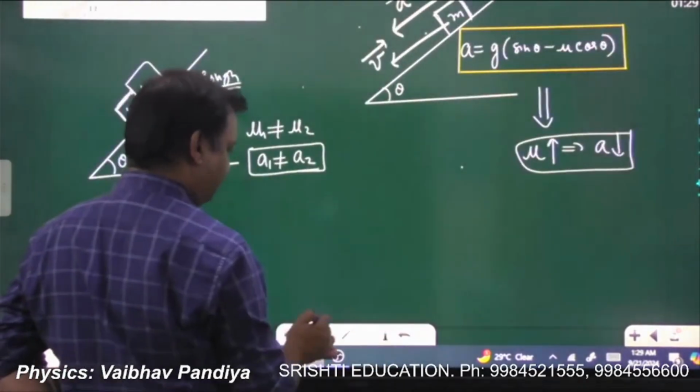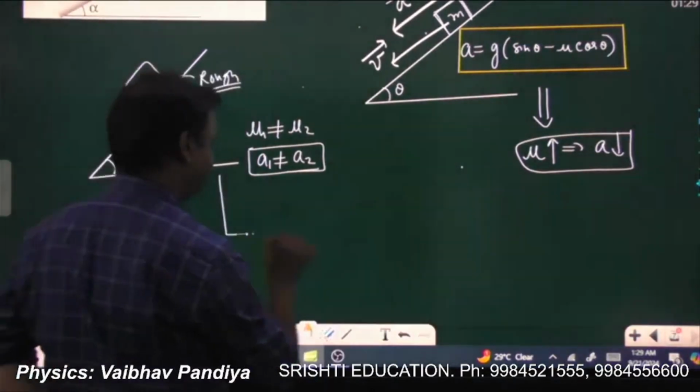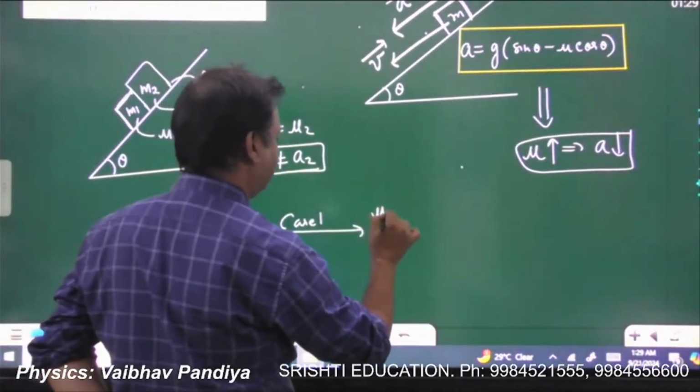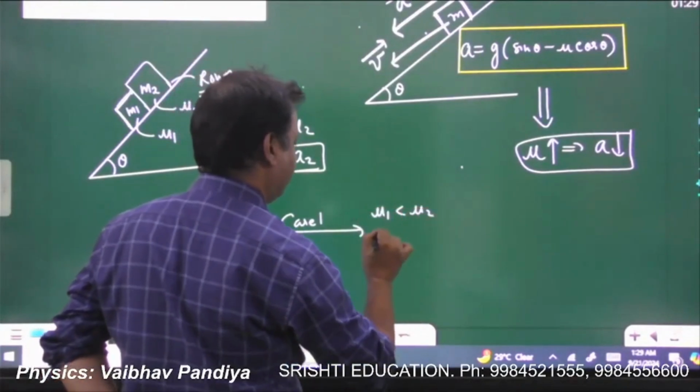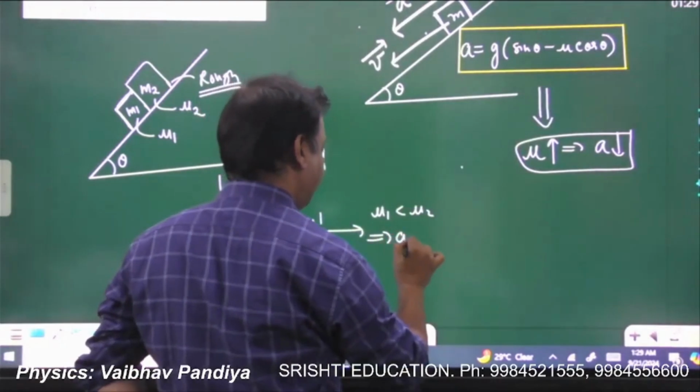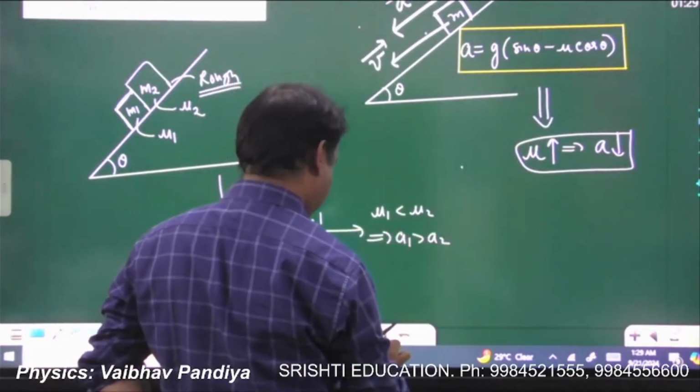So see case 1. If mu1 is less than mu2, then of course by this logic, a1 will be greater than a2.